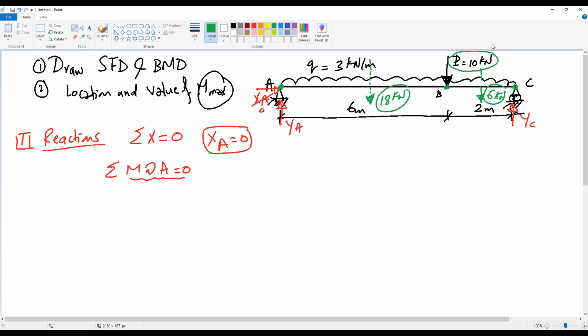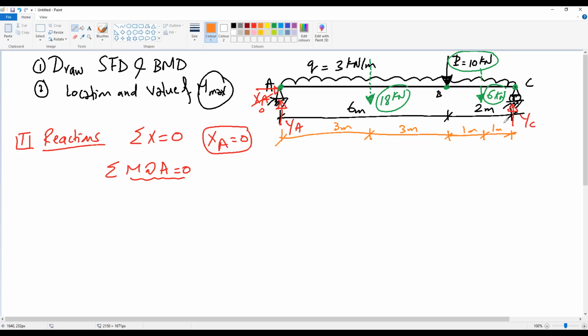Before we go to the next step, where are these loads applied? As you know, the resultant of the uniform load will be in the middle. So this will be 3 meter and this will be 3 meter. Here as well, the resultant is in the middle, so 1 meter and 1 meter.